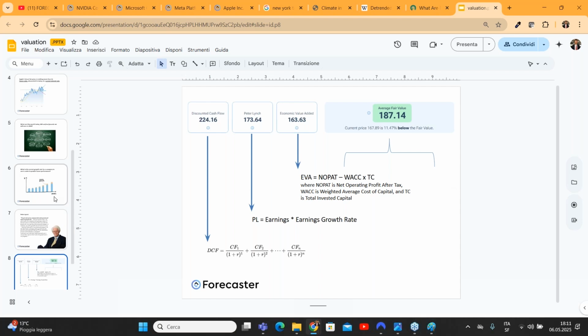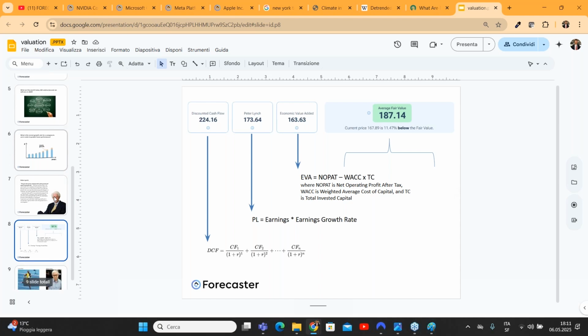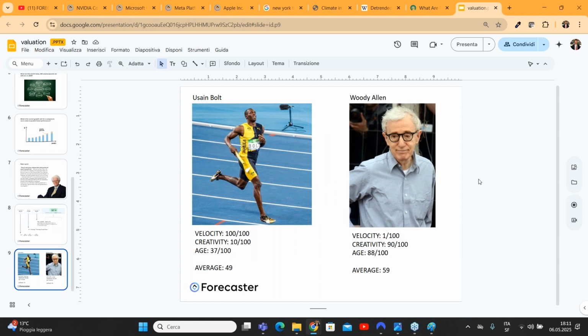I always do an example. How can you, for example, evaluate 2 completely different persons, like Usain Bolt and Woody Allen?